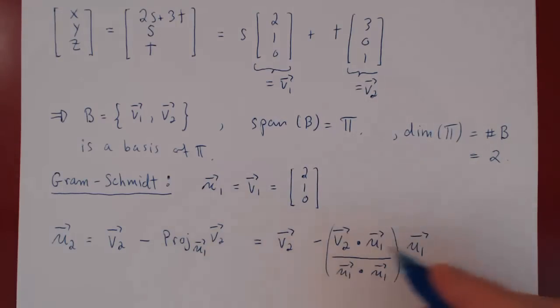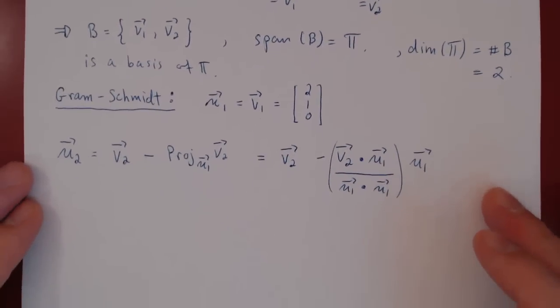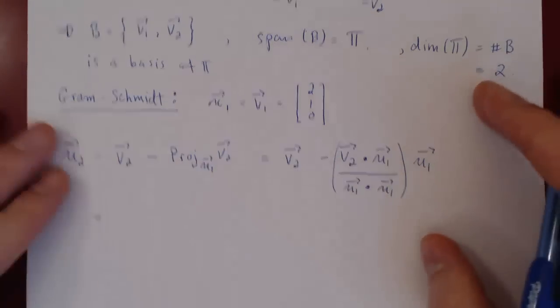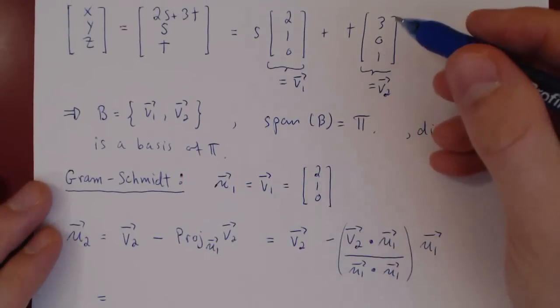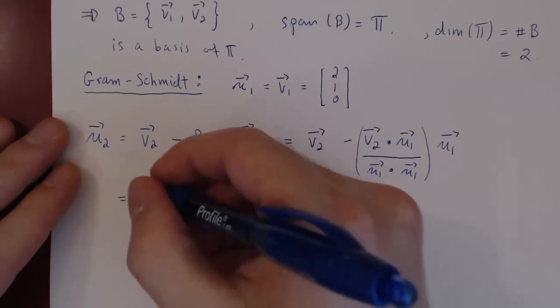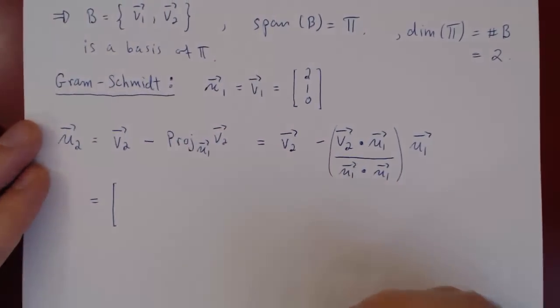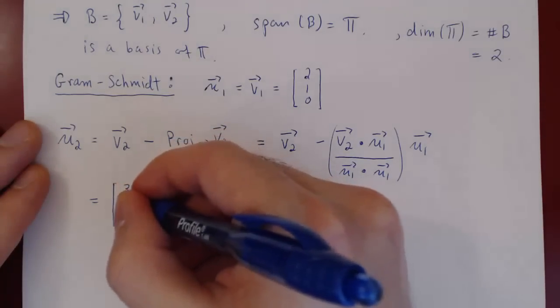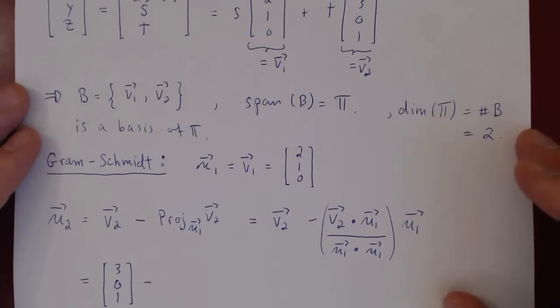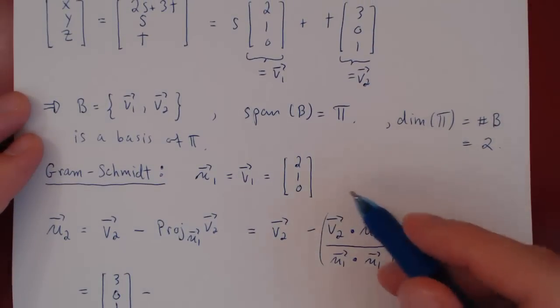Well, let's compute this and we'll have our new vector u2. The vector v2 is the vector 3, 0, 1, minus, let us now find these two dot products.